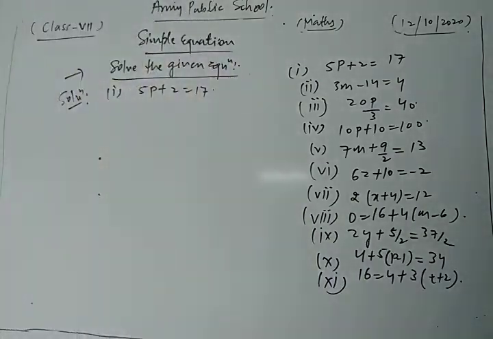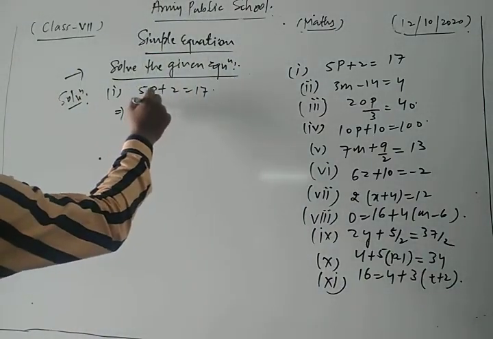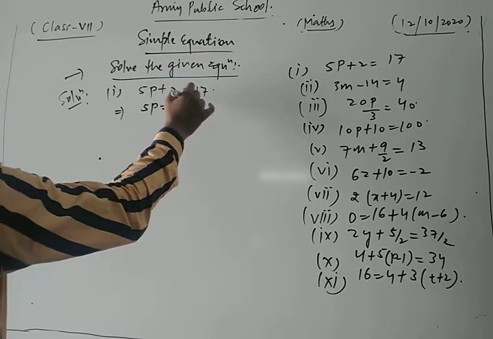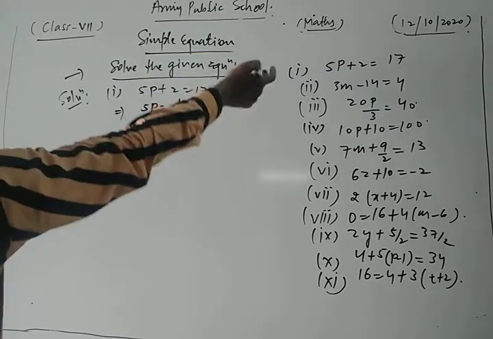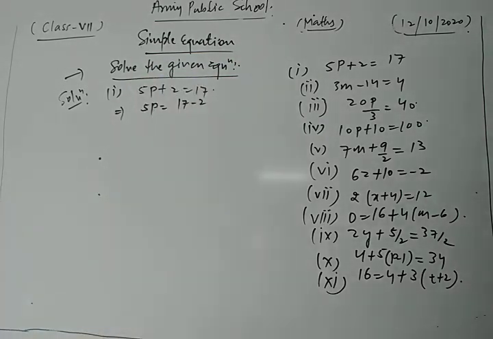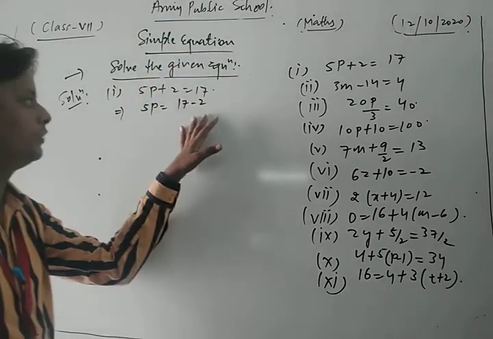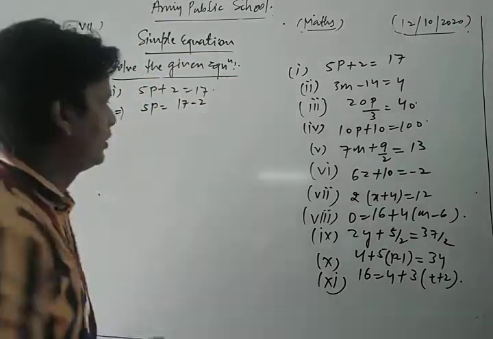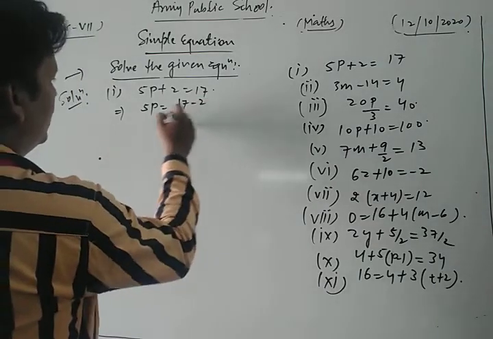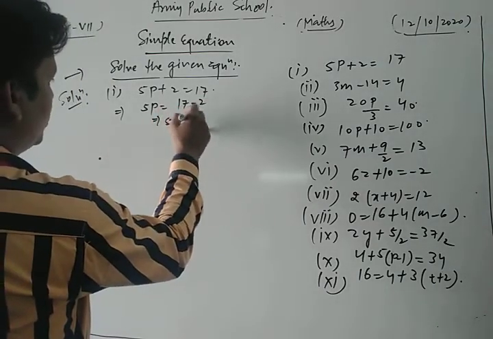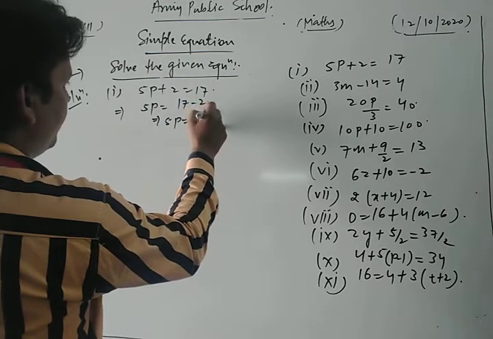First we can write 5p is equal to 17. We transfer plus 2 to that side, so we get minus 2. Now we get 5p is equal to 17 minus 2, that is 15.